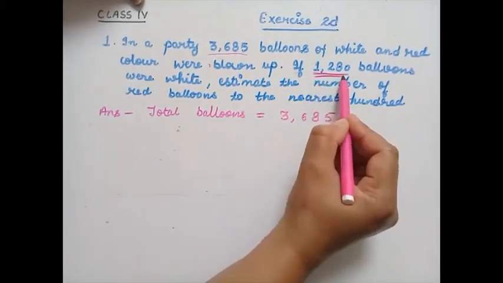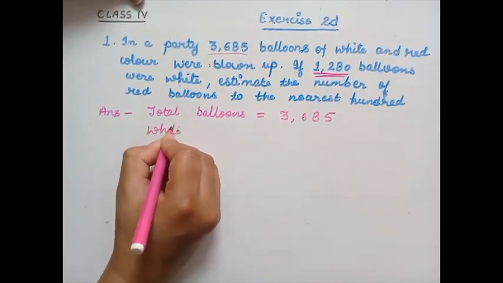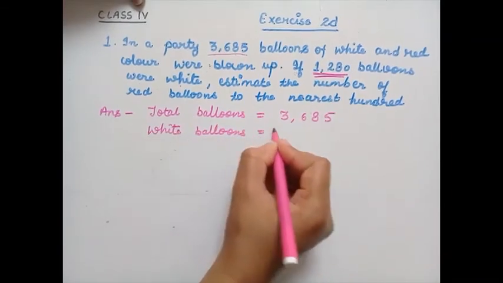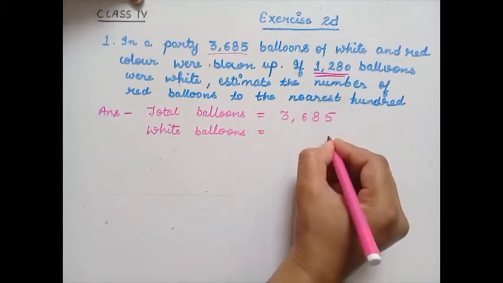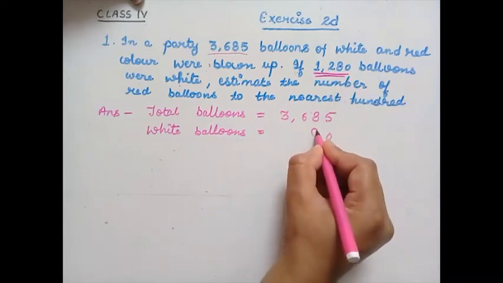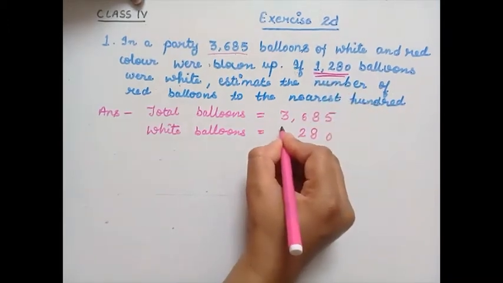And these balloons are of white color. So note down here white balloons. These are 1280. So we will write it from the opposite direction: first note down 0 and then 8, then 2, put comma and 1.